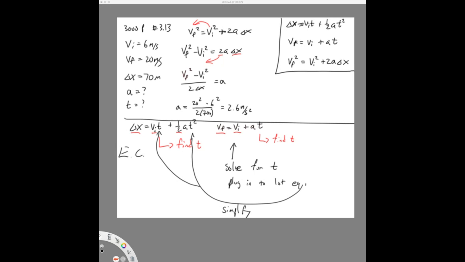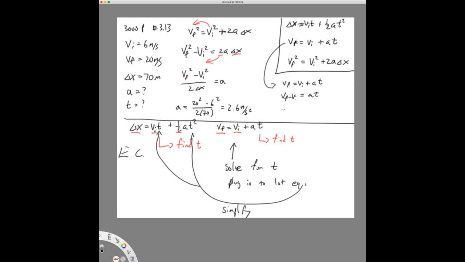And once we find the acceleration, now we can go back to one of these 2 first equations and solve for time. The second equation looks a little easier. So let's try it. V final equals V initial plus AT. Subtracting V initial from both sides, because it's not attached to the T, is the first step.